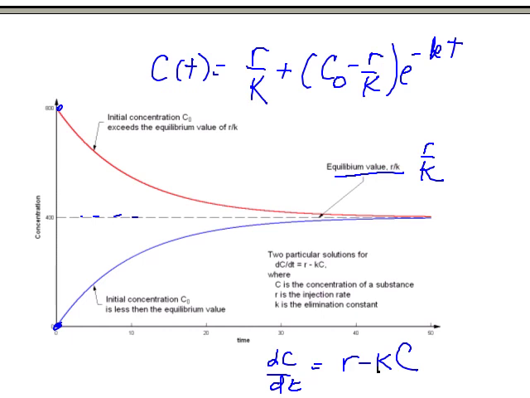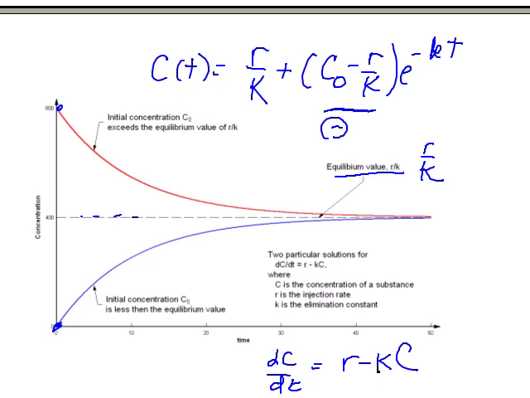So if you start off with the concentration C0 less than the equilibrium value, C0 minus R over K is negative, since C0 is less than R over K. You can work through this. You can also look at the derivatives, and you find that that solution will increase. It'll be concave down, and it will approach the equilibrium value.